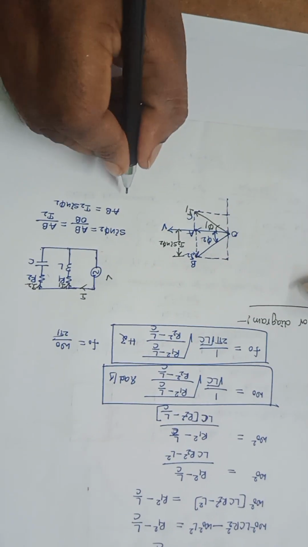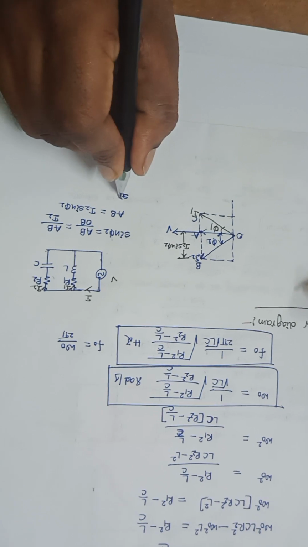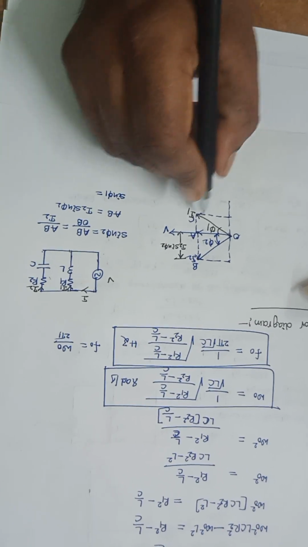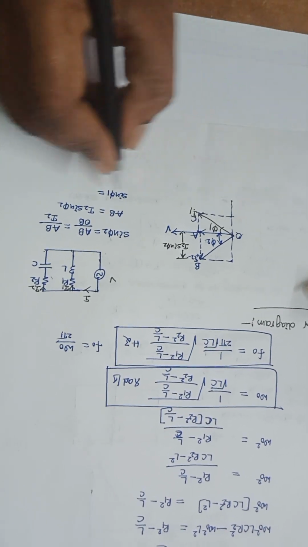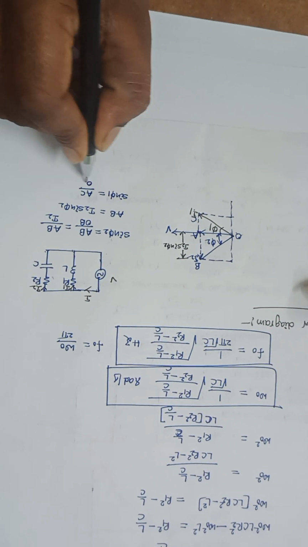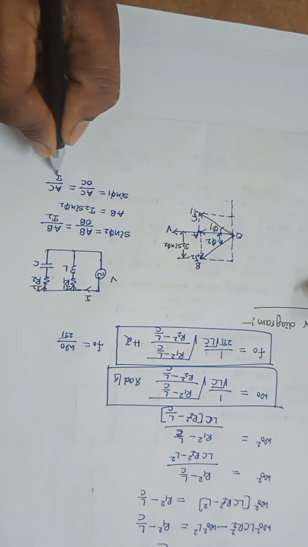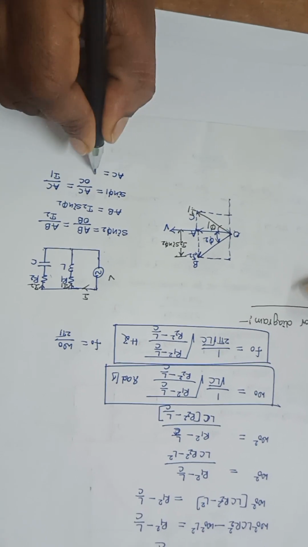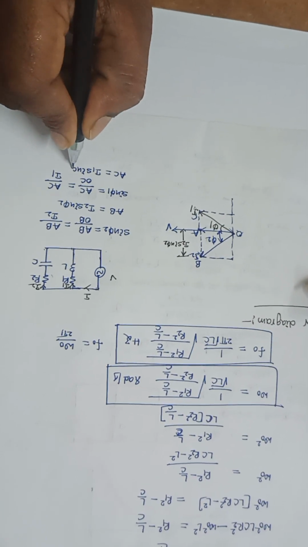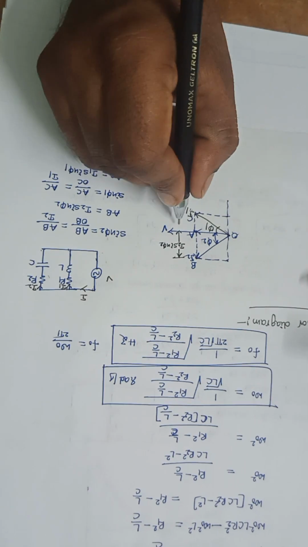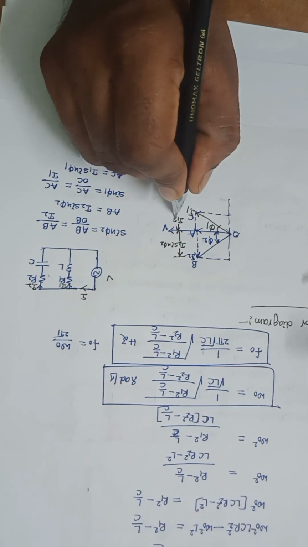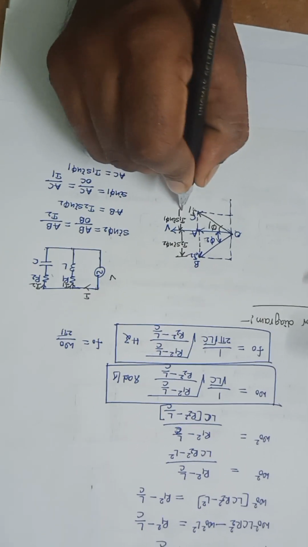Similarly, sin phi 1 is equal to AC divided by OC. But OC is I1, so AC is equal to I1 sin phi 1. So the magnitude from here to here is I1 sin phi 1.